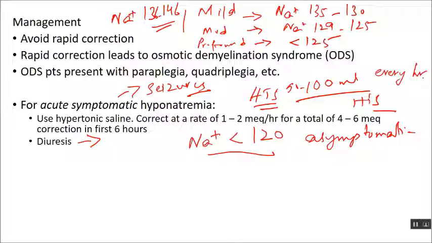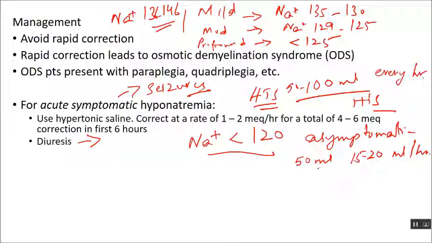But if the sodium level is severely low, then some authorities do believe in giving hypertonic saline even if the patient is asymptomatic. In those patients, you can again give a bolus of 50 ml, and you can also run the drip at about, I want to say, 15 to 20 ml per hour, again with close monitoring.